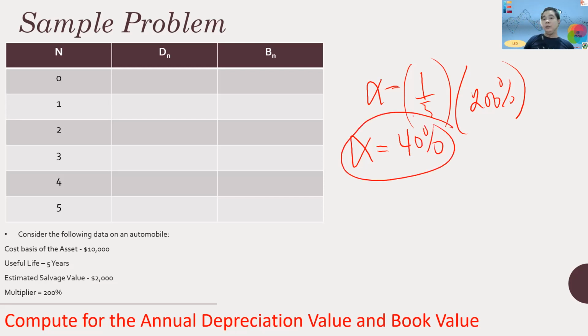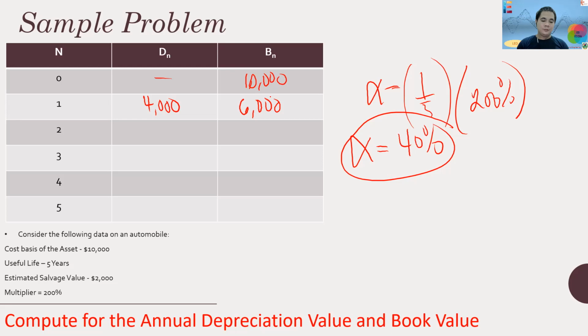So this is your multiplier in getting the depreciation value for every year. If you have an asset book value of 10,000 at year 0, multiplied by 40% in its first year, your depreciation amount is equal to 4,000. So the remaining book value at the end of year 1, that is 10,000 minus 4,000, is 6,000.